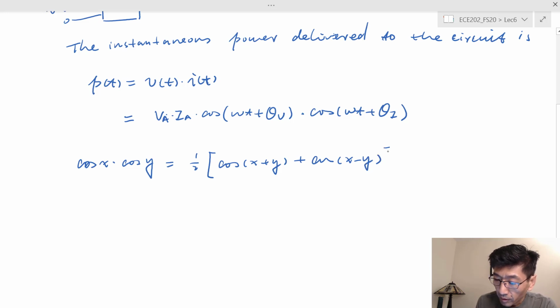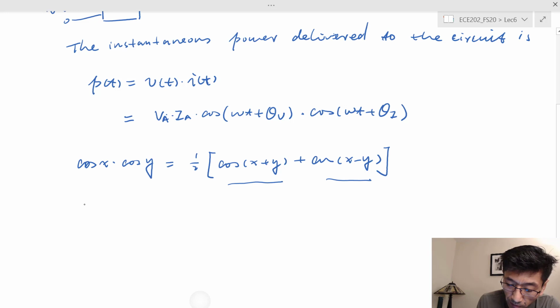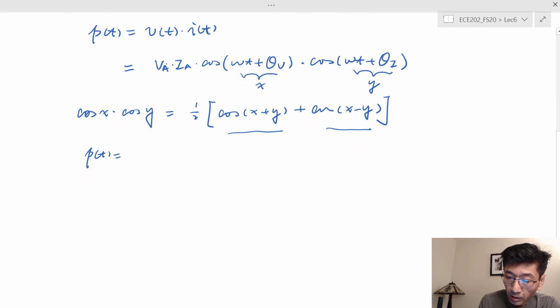Actually, without memorization, that is how I got the identity: you add these two terms and you get 2 times cosine x cosine y, so cosine x cosine y is half of that. Of course, you can think of this one as x and this one as y. It doesn't really matter which one is x and which one is y.